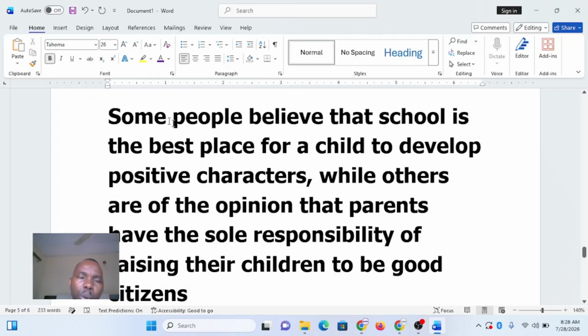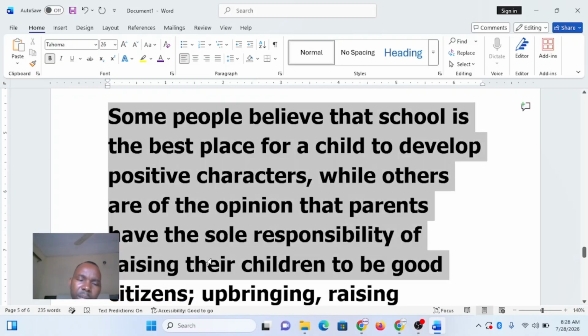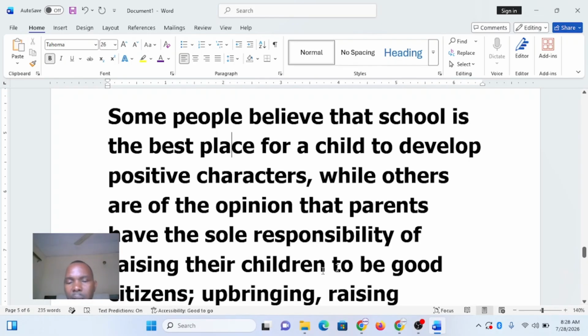Summarily, if you look at this question now, you will see that this question is somehow talking about child upbringing. It's talking about raising a child. Now, there is no place in the question where they say this question is about child upbringing. There's no way it will be stated like that.